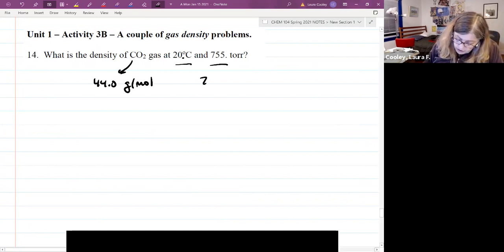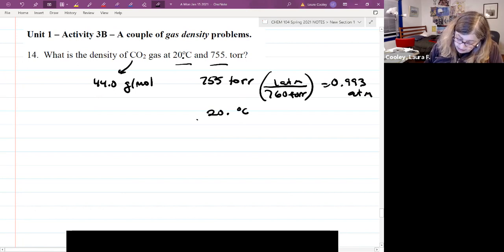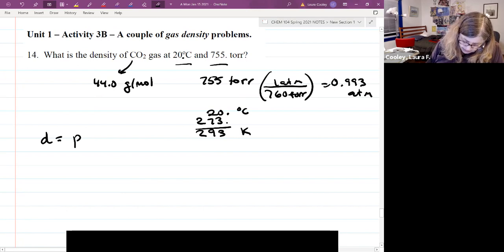Then we have to convert our torr to atmospheres. This is almost 1 atmosphere, 0.993. And 20 degrees C is 293 Kelvin.